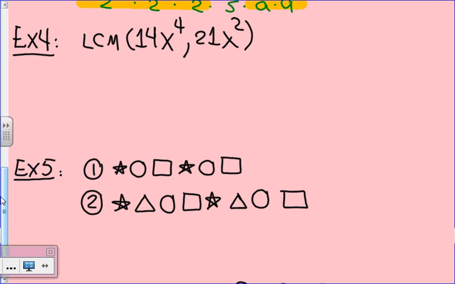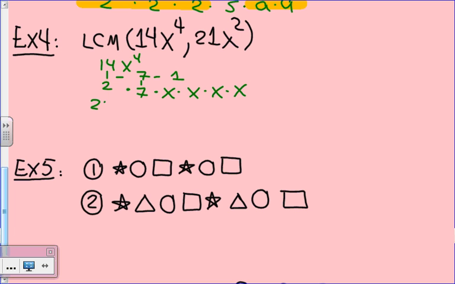All right, your head start is over. Let's take a look at the 14x to the 4th. So we have 2 times 7. Can't divide by 2, can't divide by 3, can't divide by 5, goes straight to 7. We're down to 1, so 2 times 7, and you list the x 4 times.